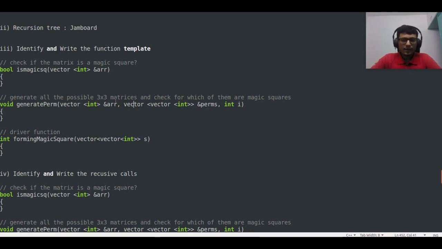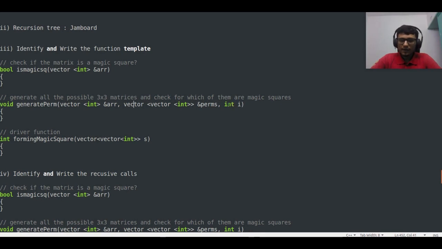And apart from this, it takes two more arguments. One is array, which is nothing but vector of integers or the array of integers, and this will store the numbers from 1 to 9, or the set of numbers for which we want all the permutations.